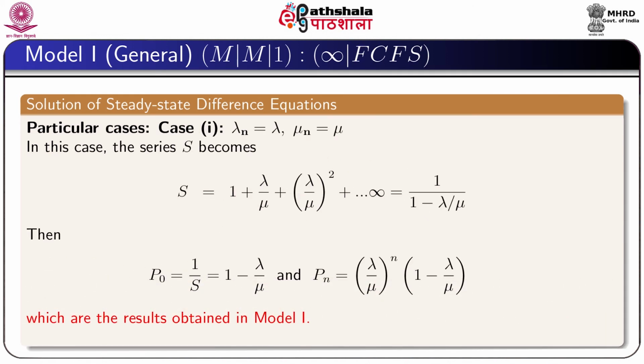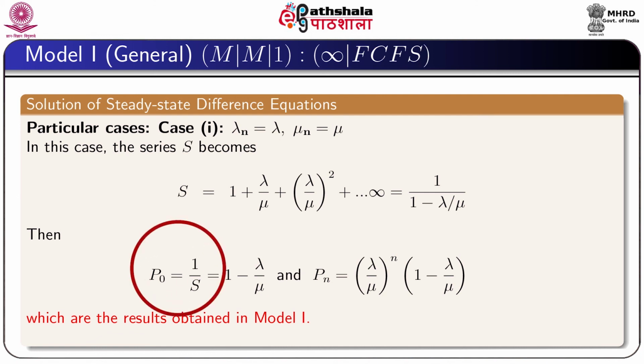Now, we will consider some particular cases. Case 1: suppose that lambda n equals lambda and mu n equals mu, that is, the arrival rate and service rates both are constant. In this case, the series S becomes S equals 1 plus lambda by mu plus lambda by mu whole square plus dot dot dot, which is equal to 1 by 1 minus lambda by mu.